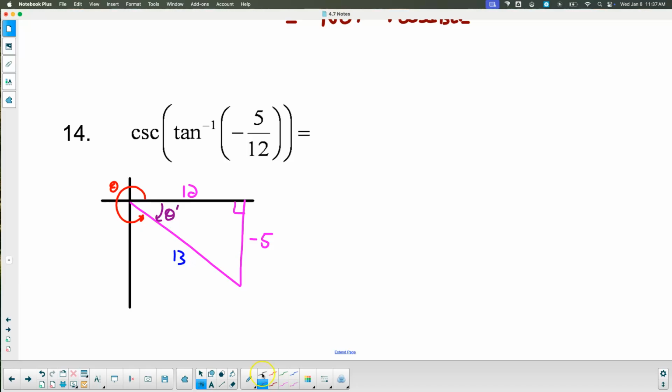So this is really the cosecant of theta prime. Cosecant is the reciprocal of sine. Okay, so sine would be -5/13. So the reciprocal of that would be -13/5.